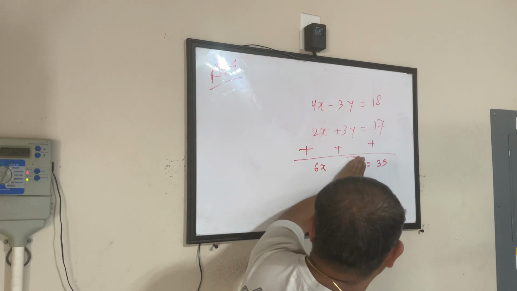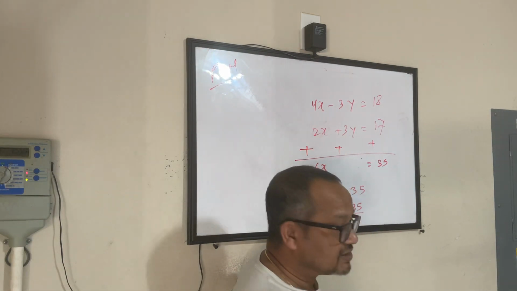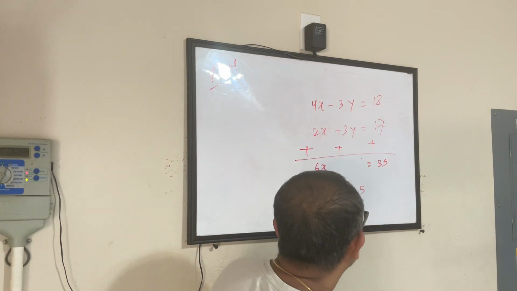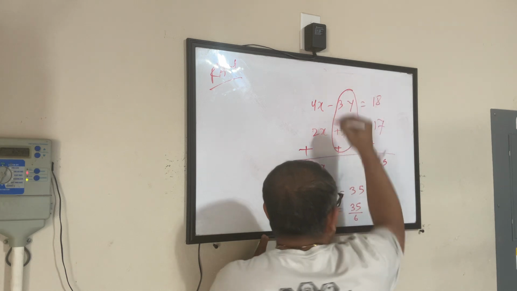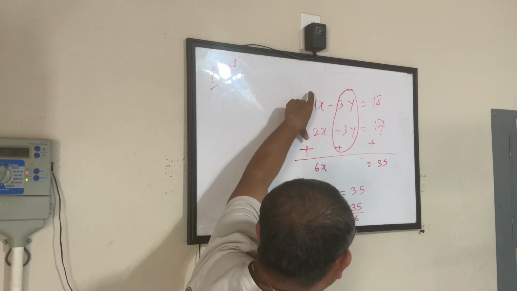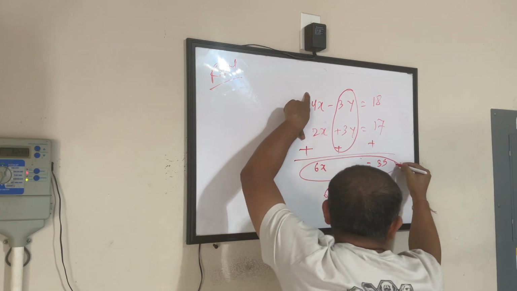Let's look at the easy part of it. I had two equations. What did I do? I just added them together because I saw the potential of knocking off one of the variables. And by adding these two equations, I came to a point where I had one equation with one variable.